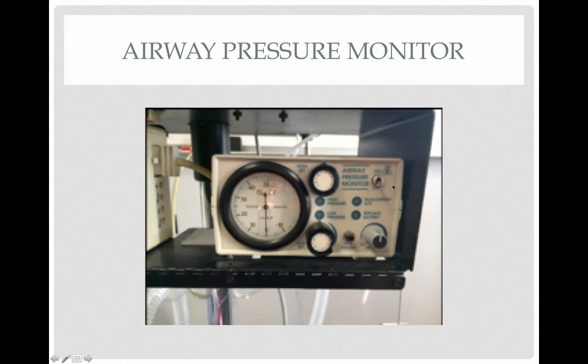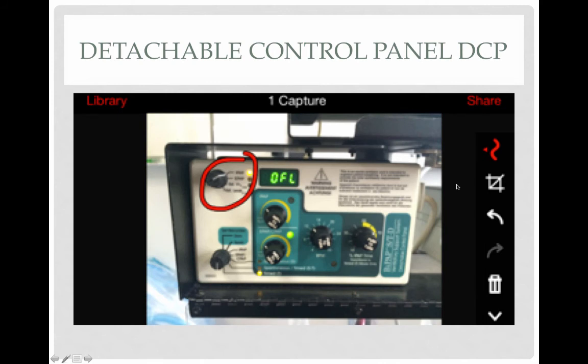Here is our detachable control panel, and I'm going to go through some of these circled items here. This is the overall display of it. The overview is this control here really just says what will be displayed in this digital control area.